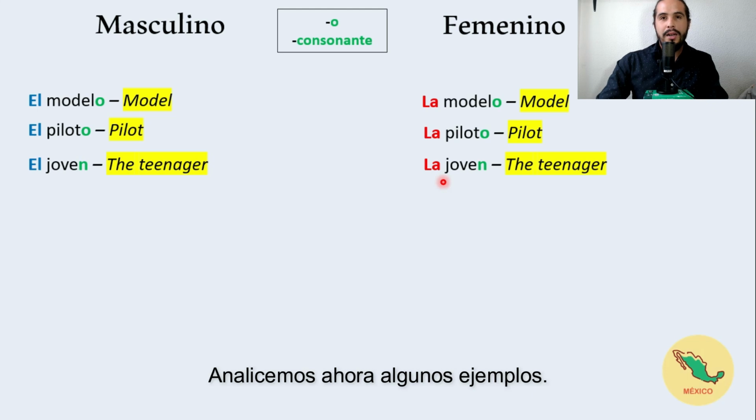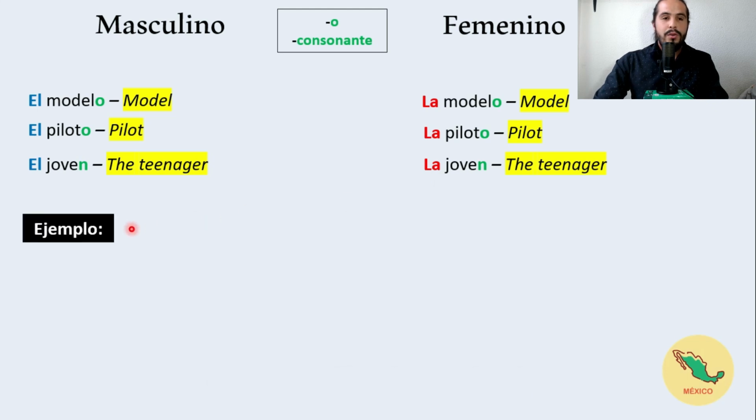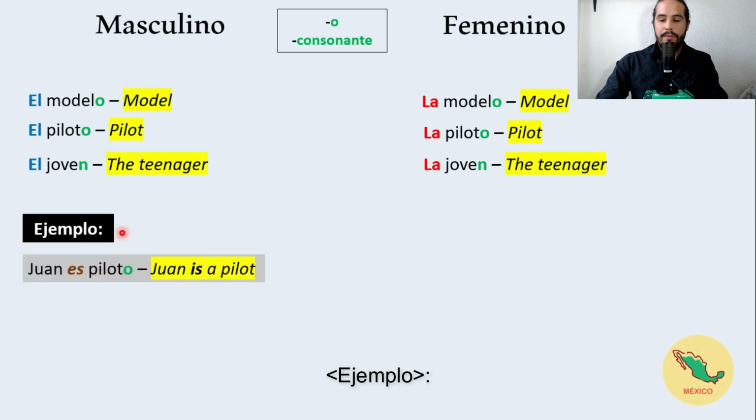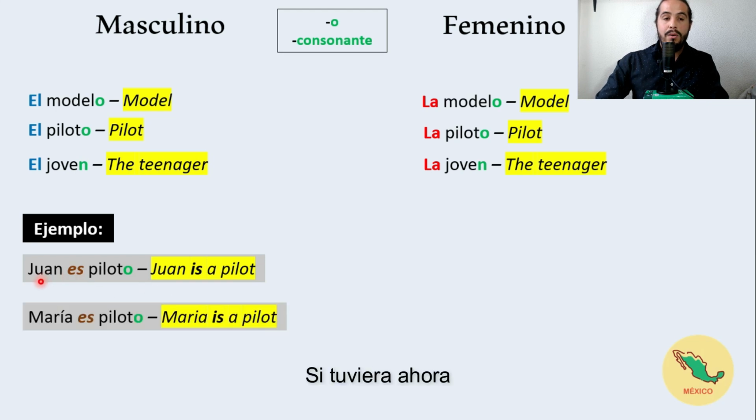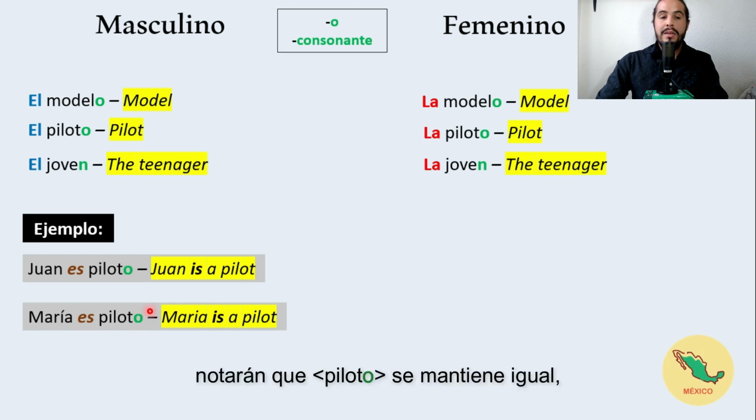Let's analyze now some examples. You have here ejemplo. Juan es piloto, which means Juan is a pilot. Then if I have now María es piloto, you will notice that piloto remains the same.